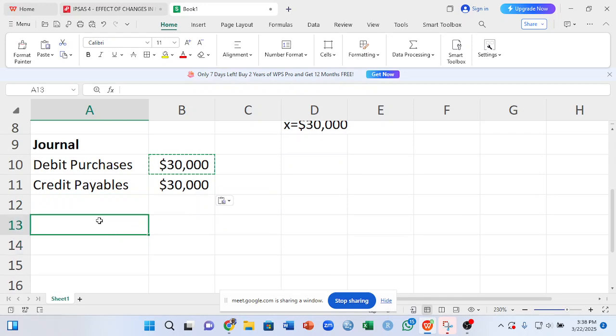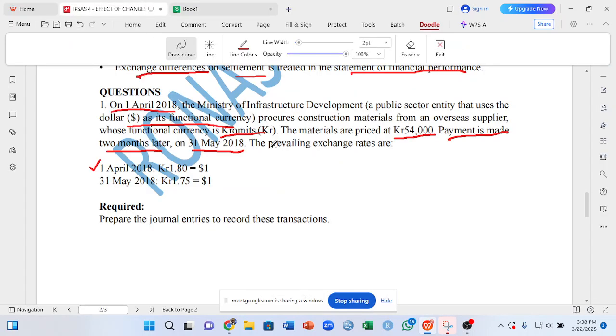Now let's go back to the second one. I said we have to look at when the payment was made. We realize that the payment was made 2 months later on 31st May 2018. Remember the rules: it's only the monetary items you are going to retranslate again.